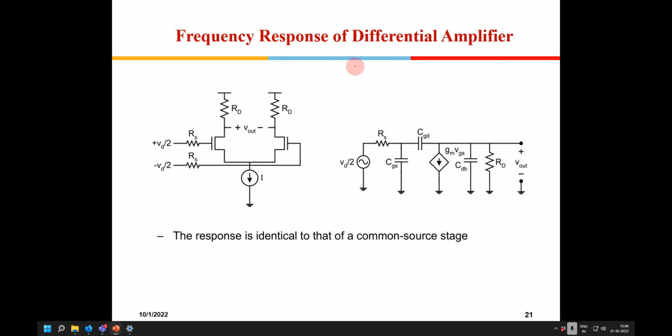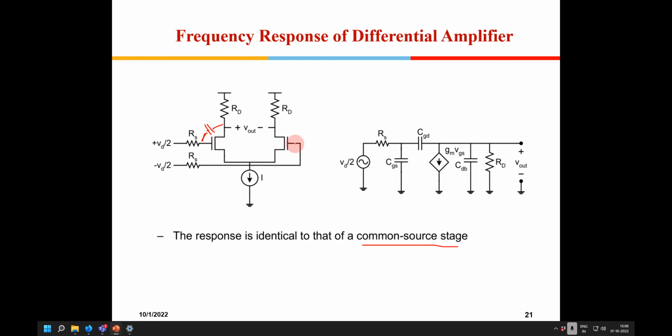So when we come to the frequency response of a differential amplifier, it is similar to that of a common source amplifier. This also suffers from the Miller effect, because this capacitance from here to here will get multiplied by the gain, right?